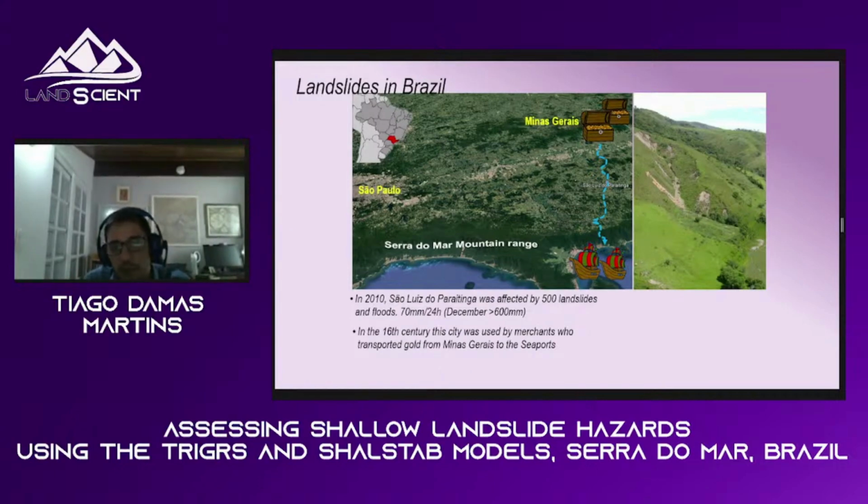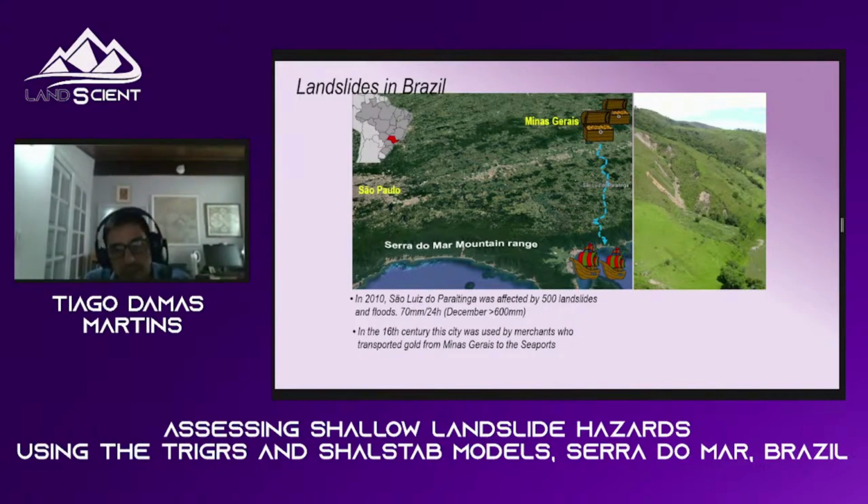This pathway connected the mining area to the shore in order to export gold and diamond. So this path became a sort of touristic attraction, and many people used to go through this path. And São Luís do Paraitinga is a part of it.